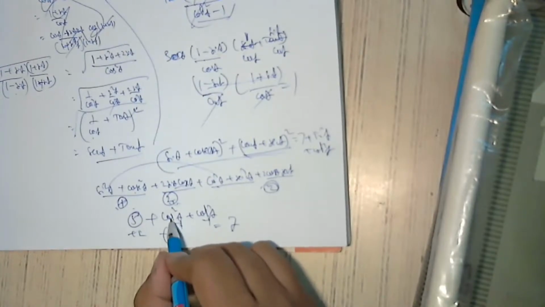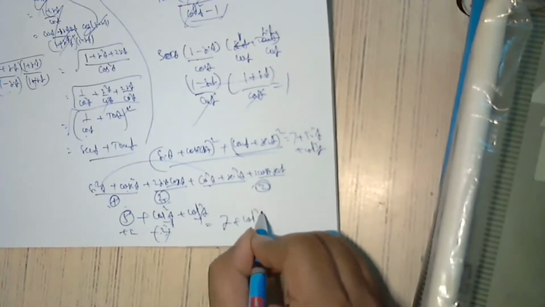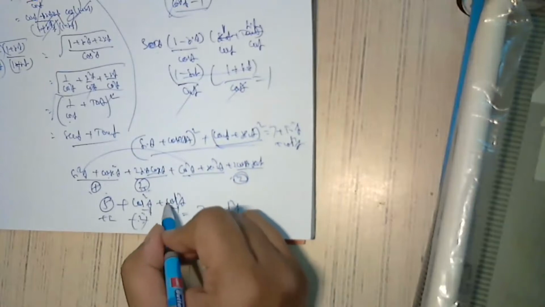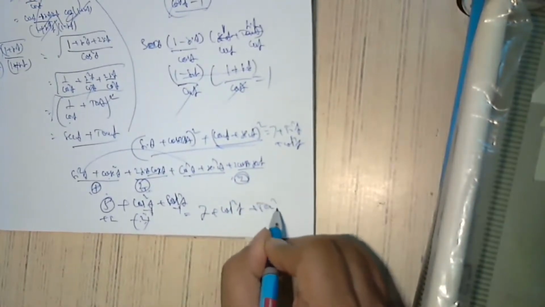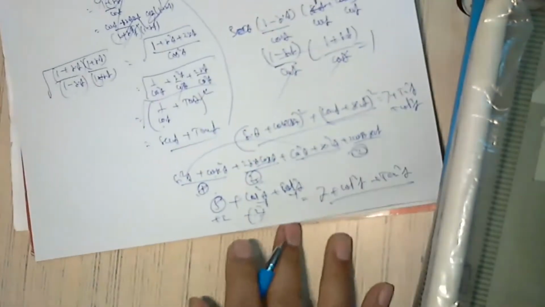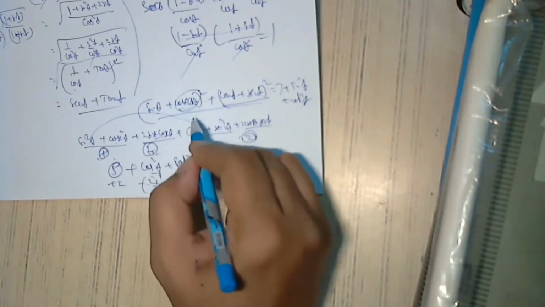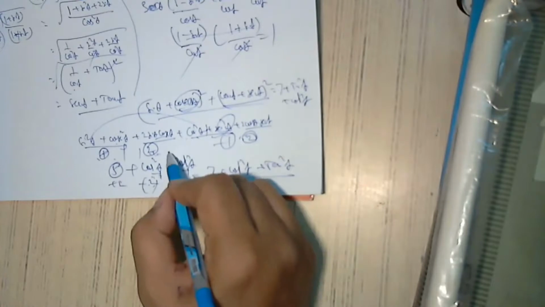So cosecant square A minus 1 is cot square A. Secant square A minus 1 is tan square A. So what I got, this is cosecant square A, I put minus 1 plus 1. This is secant square A minus 1 plus 1.